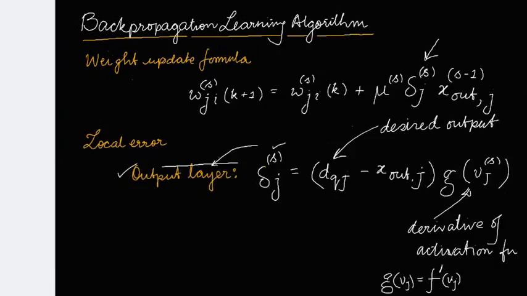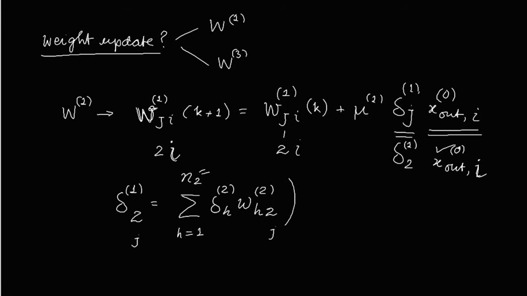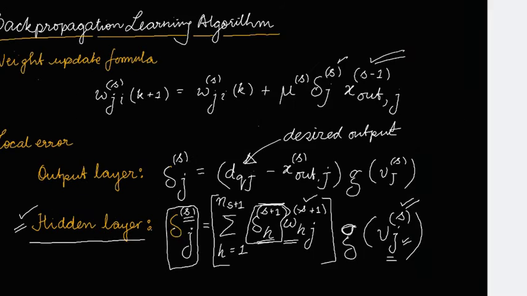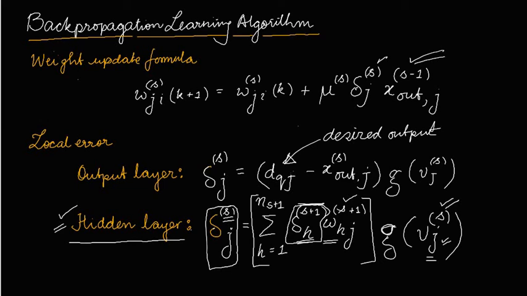So in the second layer, if we are evaluating delta 2 1, and here we are going for delta S2, second layer, N2 will be 3 in this case, and then this needs to be multiplied with G and V2 1, as per the formula we have seen here.